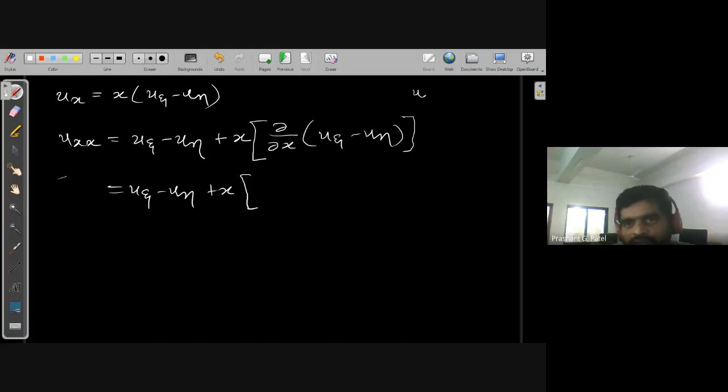Here u xi is a function of xi and eta, which are functions of x and y. The same way we can do it for u eta also. So we have to take the derivative of u xi with respect to x.